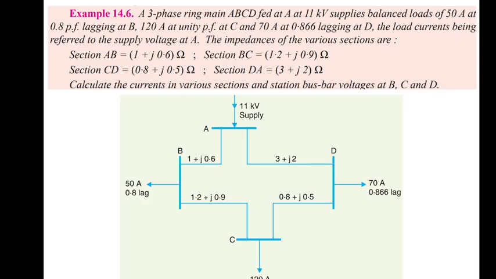This slide presents an interesting example which demonstrates the calculation of currents and voltages in a three-phase ring main distribution system. The system consists of a closed loop ABCD, fed from point A at 11 kV, supplying balanced load at different points along the ring.